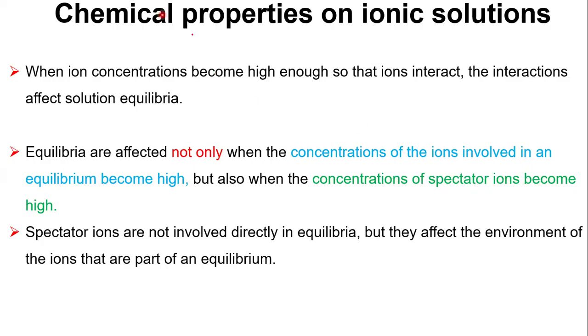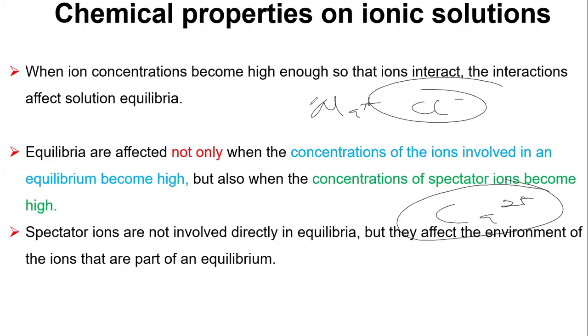So for better understanding, let's do this illustration. If I'm talking about sodium chloride, the effects will not be just the attraction between the sodium and chloride, but if there are, let's say, calcium ions in the medium, the calcium ion can also affect this chloride because of the opposite charges they have.